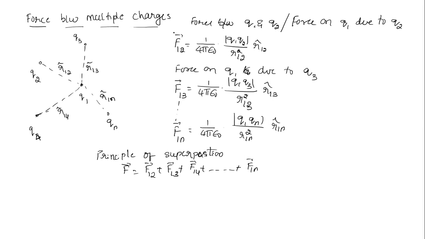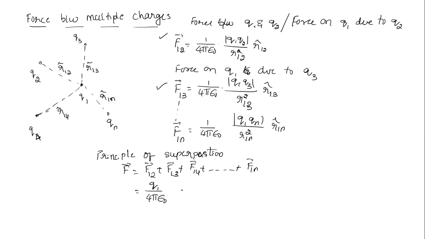Now look at these equations, force on 1 due to 2, force on 1 due to 3, all those things. What is actually constant? 1 by 4 pi epsilon naught is the same for all, so we can take it common. What else is common? Q1 is common in all the equations. So the remaining I'm going to write here.